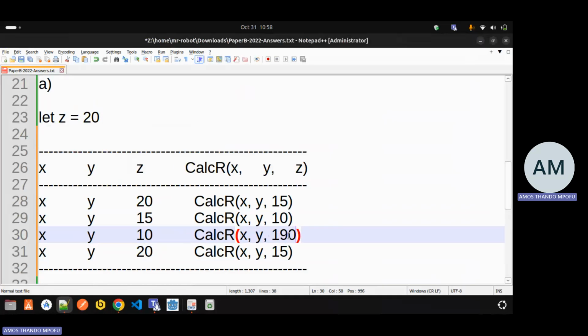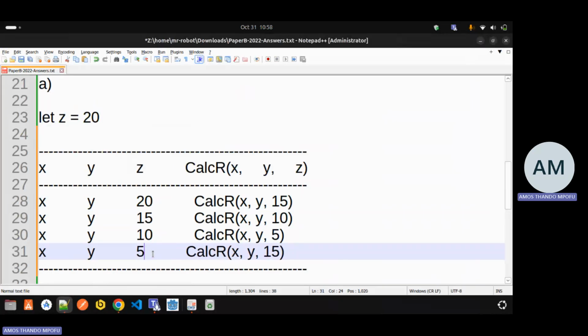And then 10 minus 5 will be 5, right? And then this will be 5 over here. And then 5 minus 5, what is 5 minus 5? It's just 0.